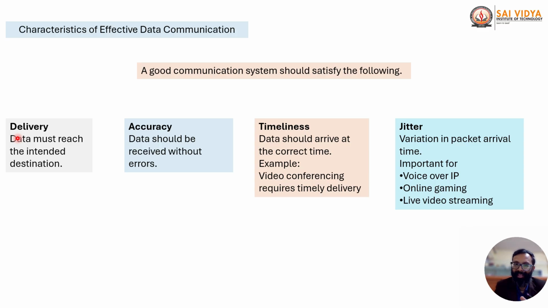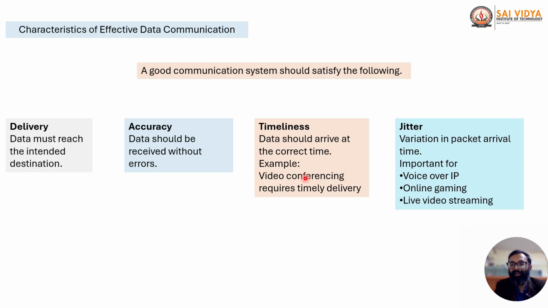The next one is accuracy: how accurately the data is received. The data should be received without errors. There should not be any error in receiving data. And timeliness: at what time the data is received, whether it is received with delay or without delay. That is why the very important points here are timeliness, accuracy and delivery.